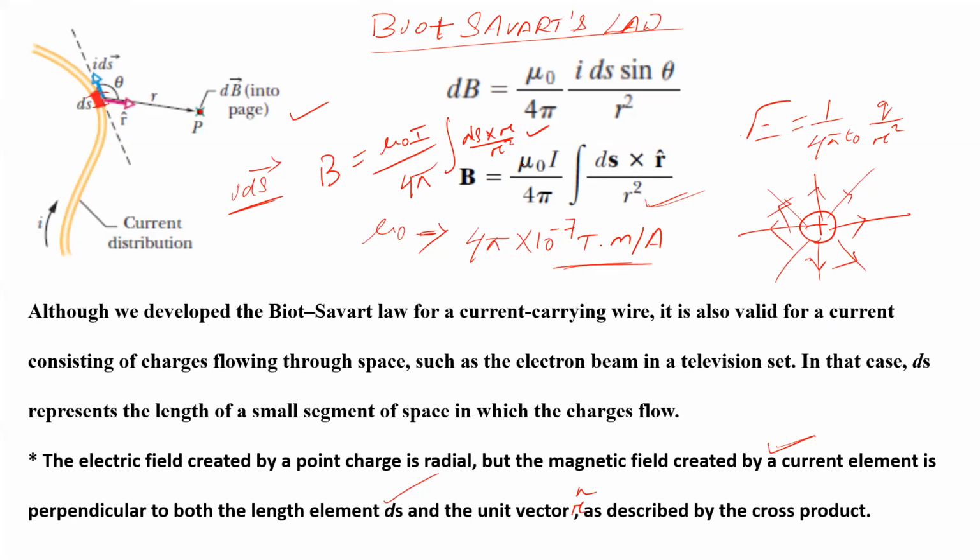An equation like this will be given. Please try to find out the dimension of this mu 0, that is magnetic permeability.